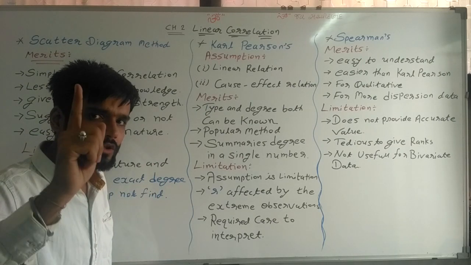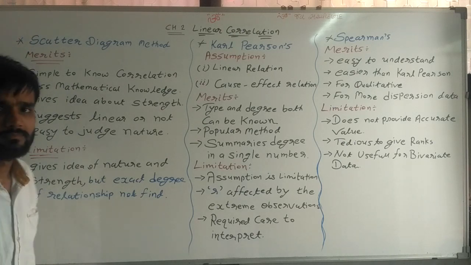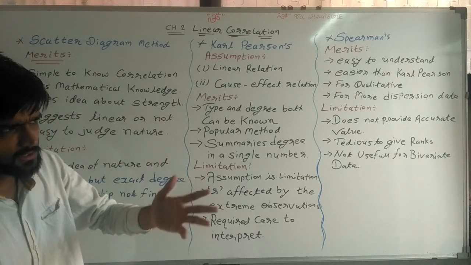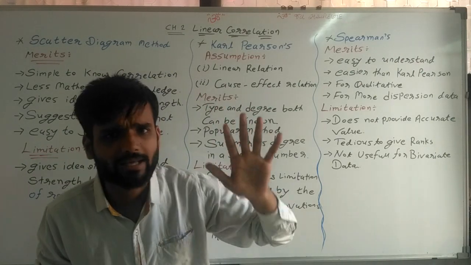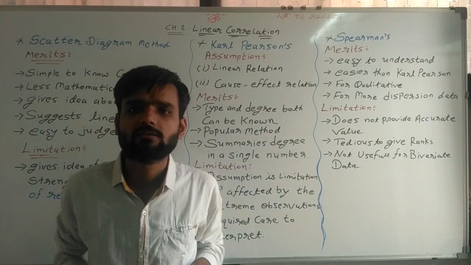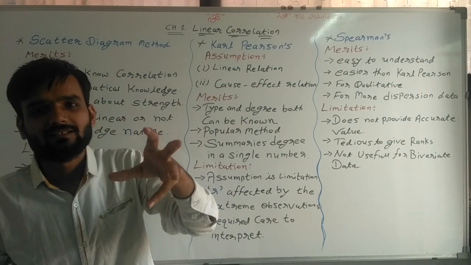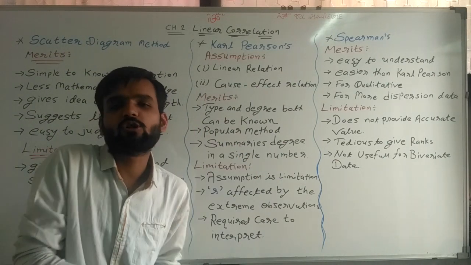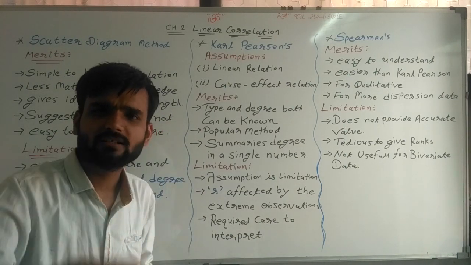Now, we are starting with the scatter diagram method. Always, whatever methods there are, there must be merits as well as demerits. Even in persons also. Some persons are very good, but even in a good person some limitations are there.